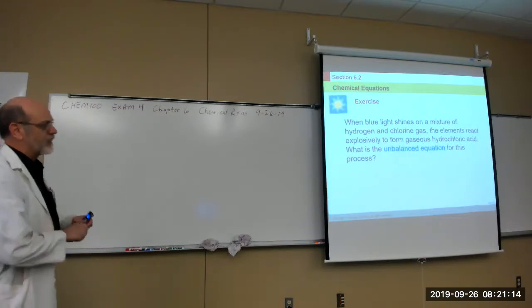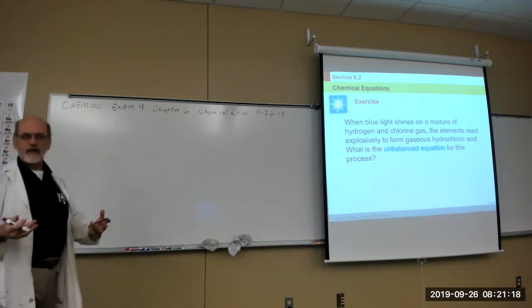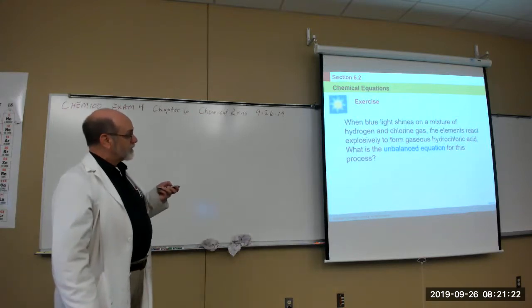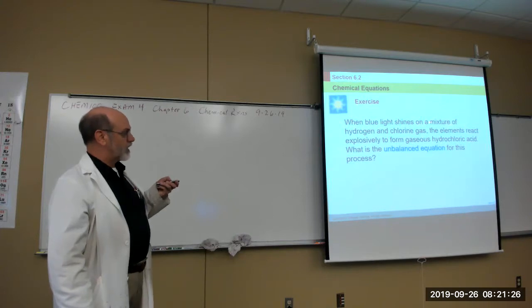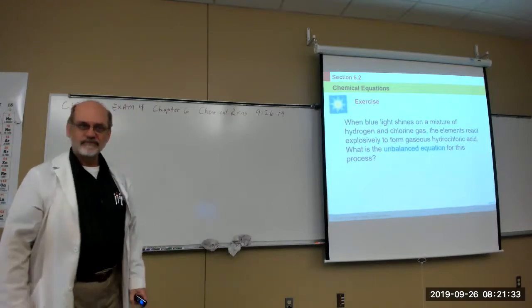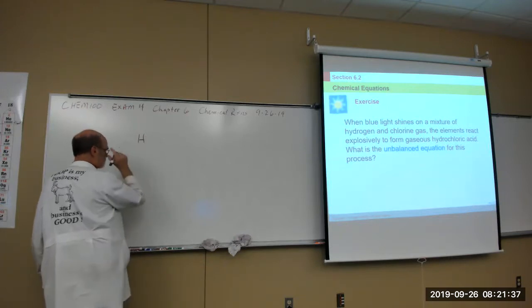Okay, so let's take a word problem and see if we can write an unbalanced equation for what's happening. It says when blue light shines on a mixture, so the reactants are hydrogen and chlorine gas. Right? So what should hydrogen be written as?